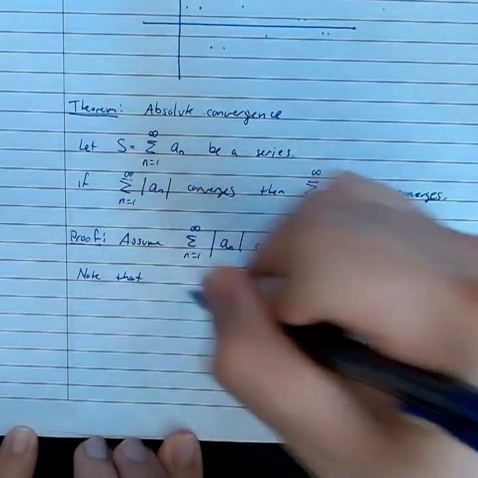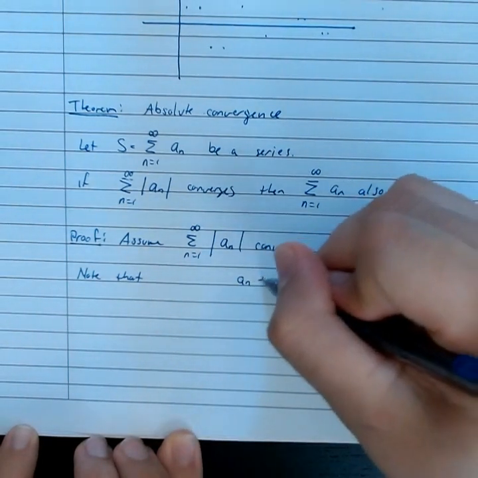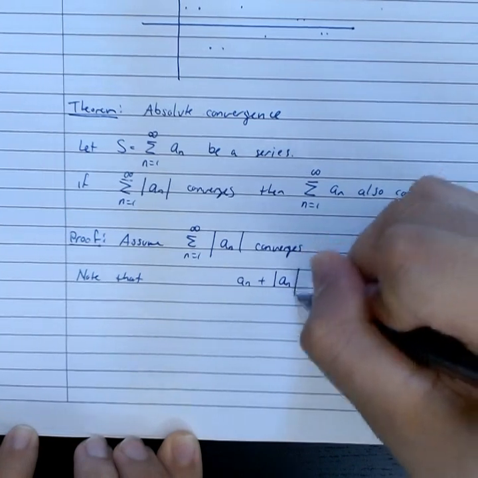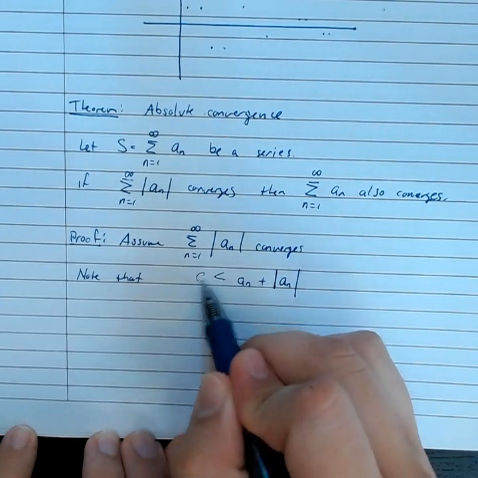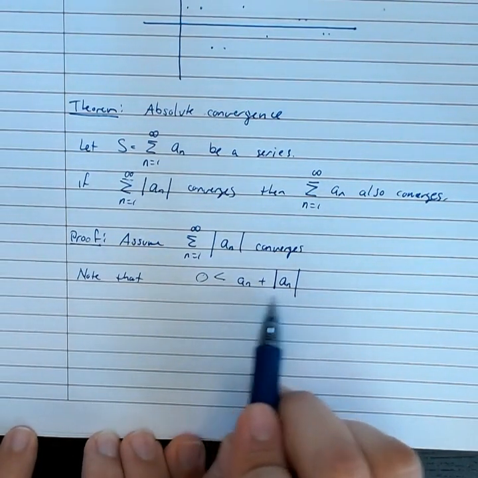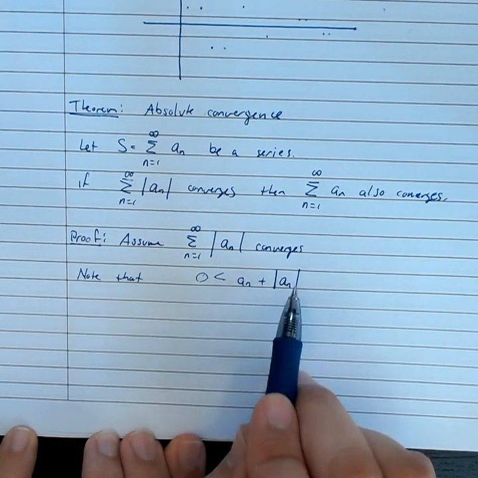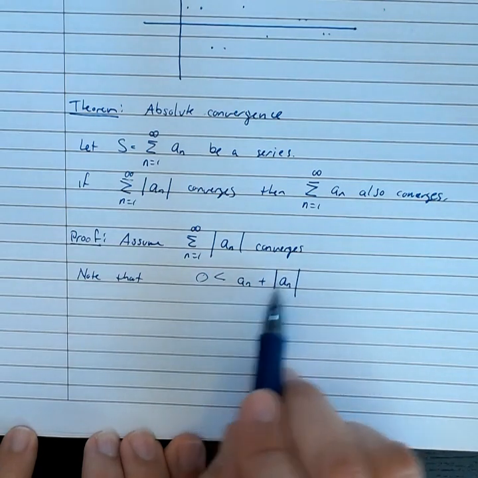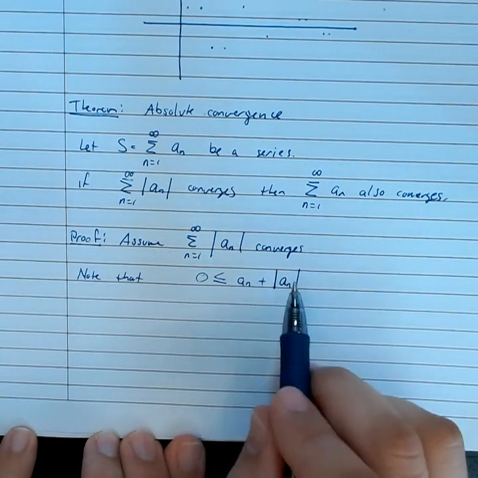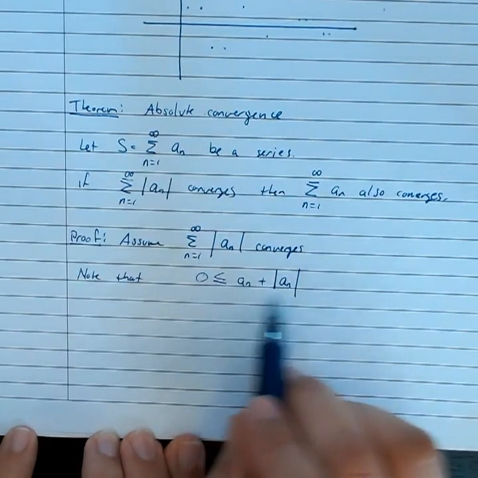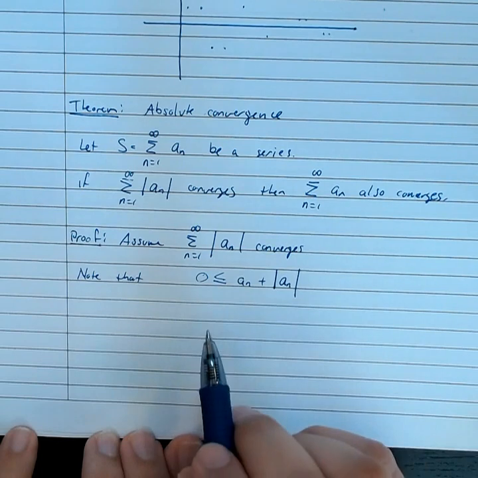Note that if I take a sub n without absolute values and add to that the absolute value of a sub n, that's got to be greater than or equal to zero. Because if these are both positive, they add together. If one is negative, then the other must be positive, and they cancel each other out. If this is positive, then this one's also positive, and they add together to give me a positive. If this one's negative, this one's positive, and they cancel each other out.